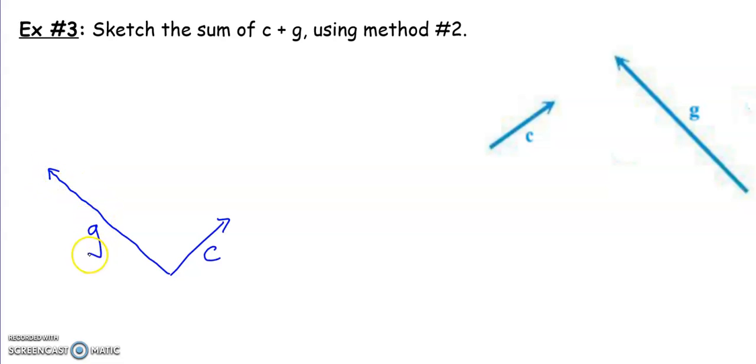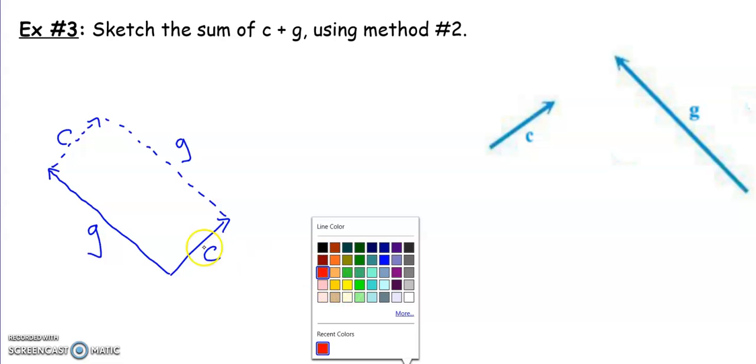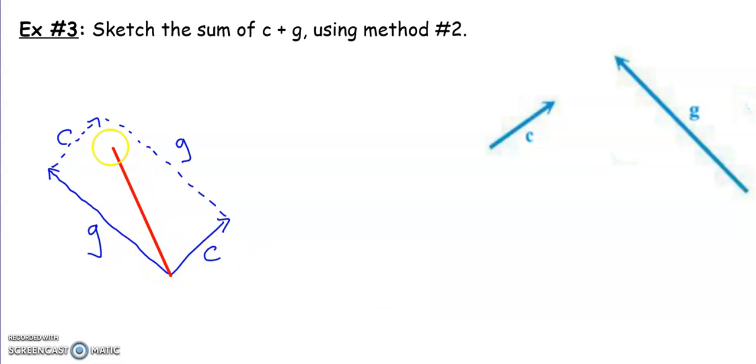So there is G. Now I'm going to come across from G, and here is a side that is going to be equal to C, and then I'm going to do the same thing right here, and this length is equal to G. My vector that is going to be the answer of the two starts at the initial point where the two vectors touch, comes out to the opposite corner, and this vector is C plus G.